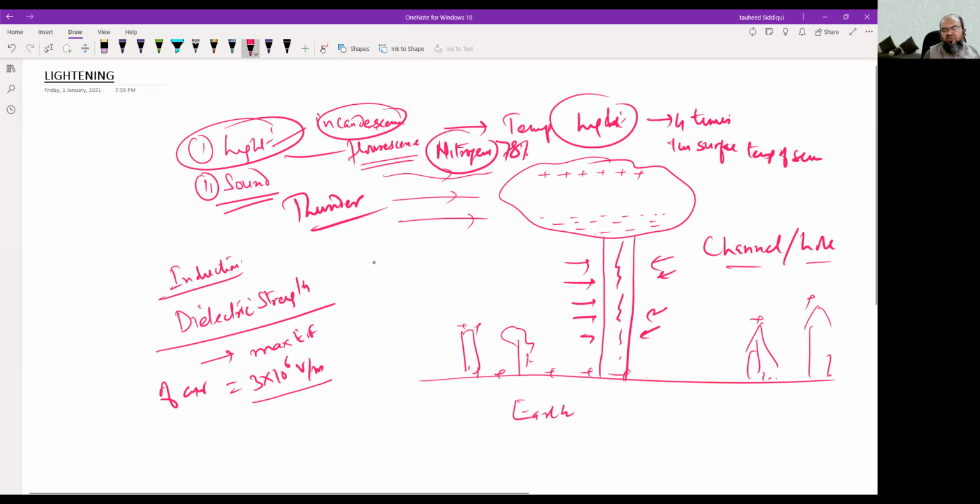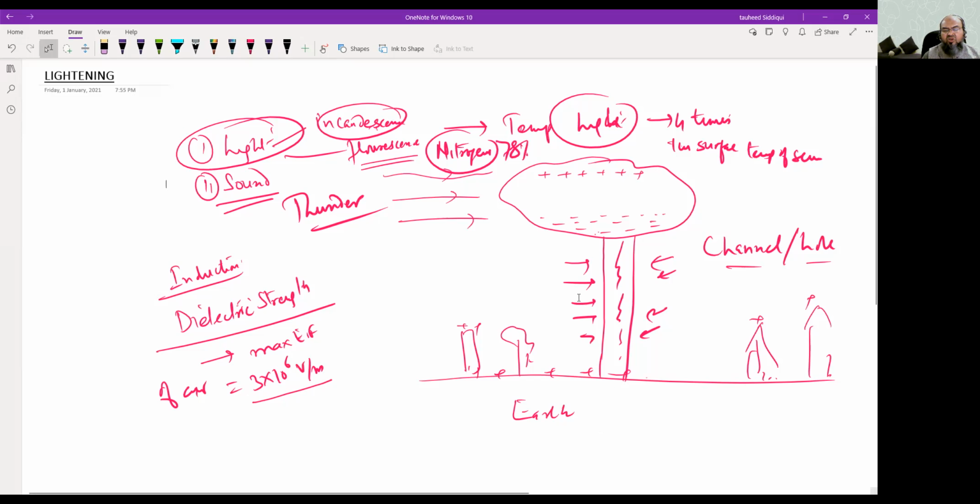And sound, as I have told you, is because the surrounding air rushes into that room. Very high temperature is there, and a very high potential difference is developed at that time. That's why you see the lightning in the video appear just like a fire set on the tree, right? The color was just like that of the fire.